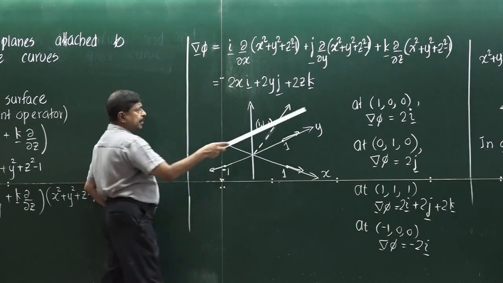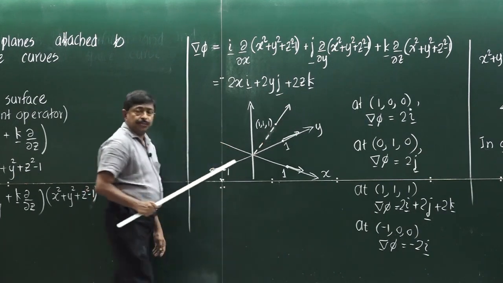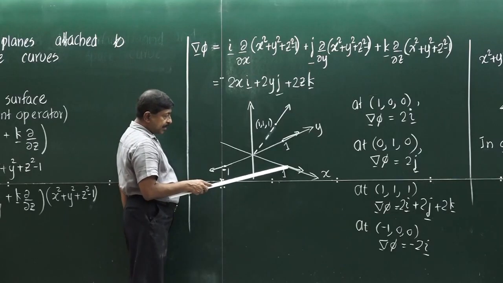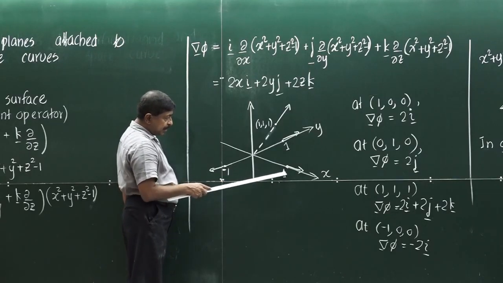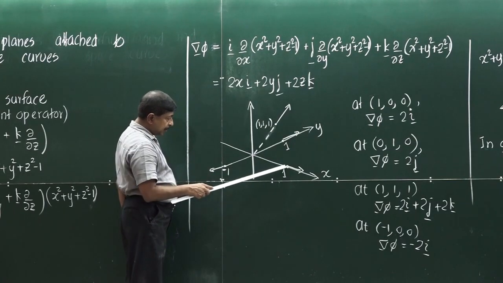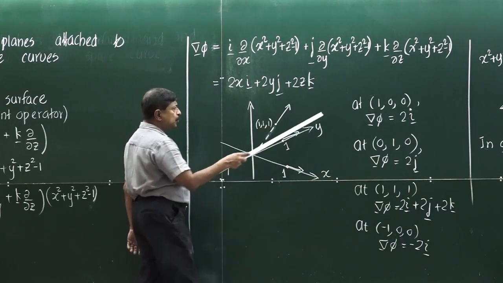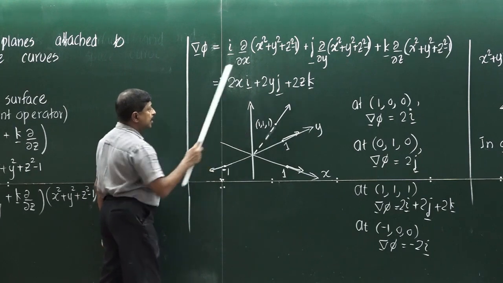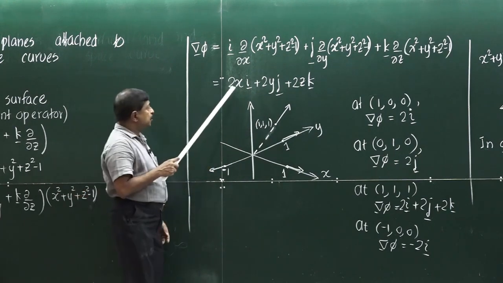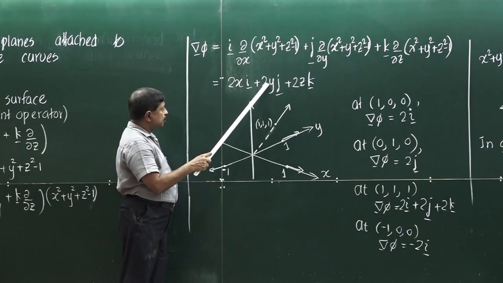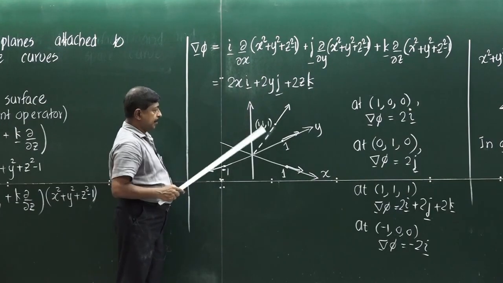If you take this point 1 0 0, that is on the x axis, the value of x is 1. If you evaluate this grad phi at 1 0 0, you get 2, and here you get 0 0, so you get 2i.